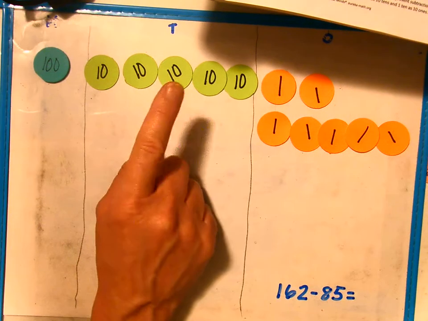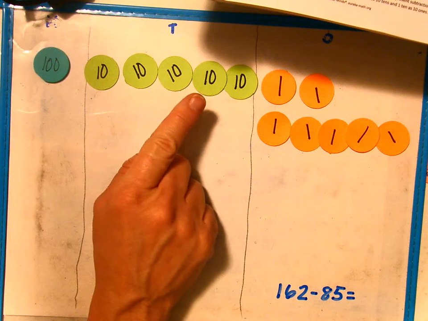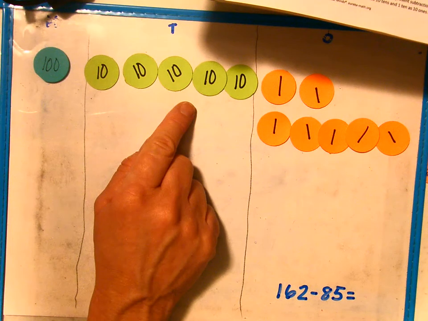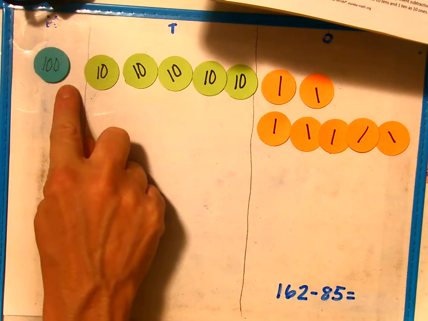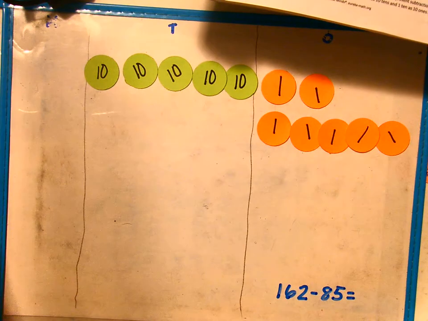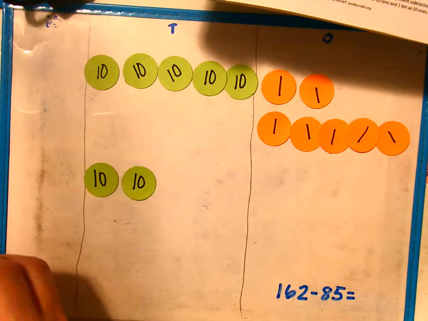Now I need to take away the 10s. I need to take 8 10s. Can I do that? How many do we have? 5 10s. Where do I need to go? What do I need to do? I'm going to unbundle or decompose. 100 is the same as 10 10s.